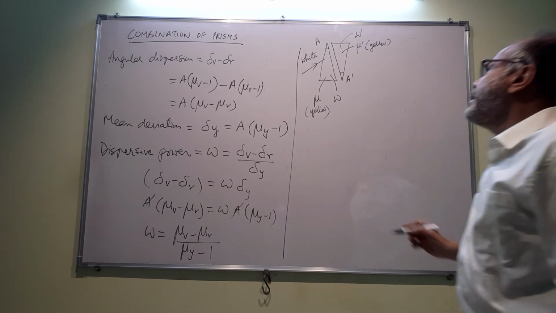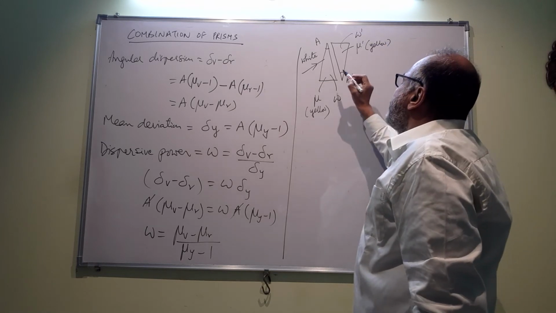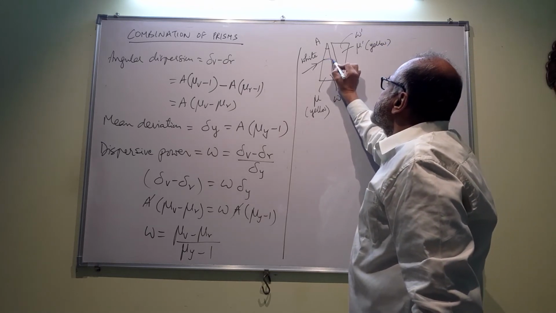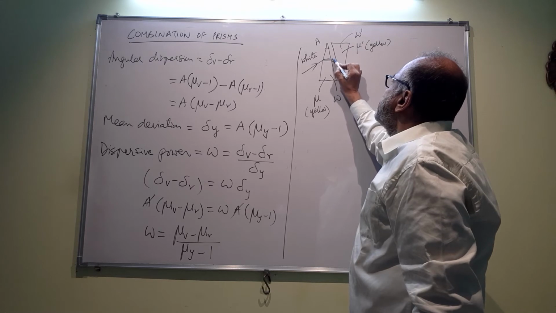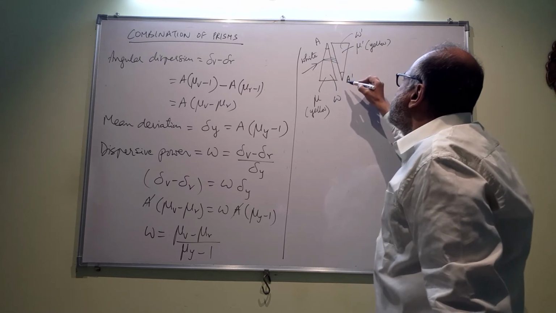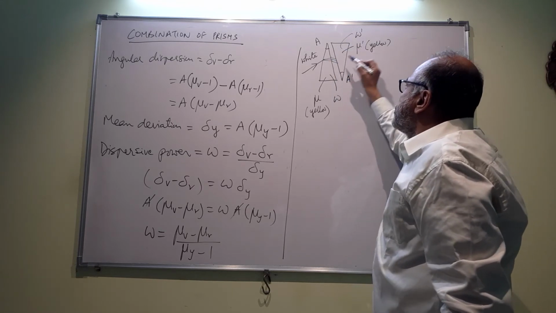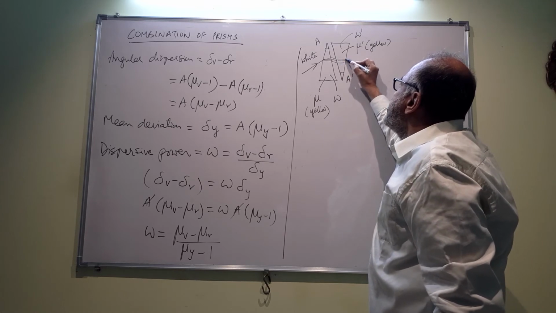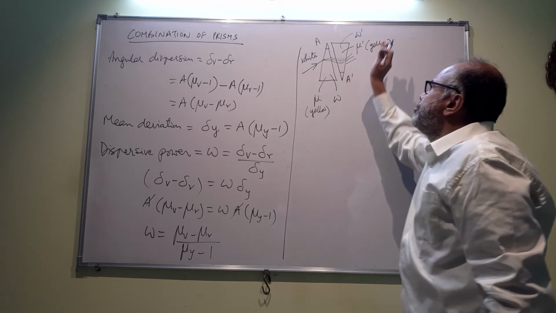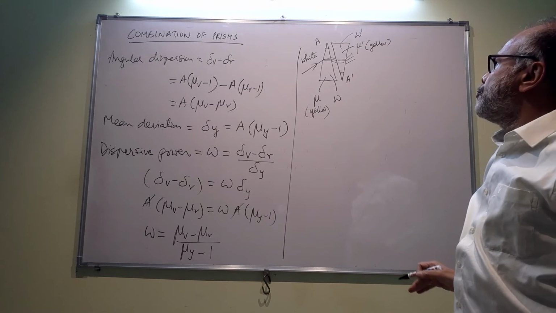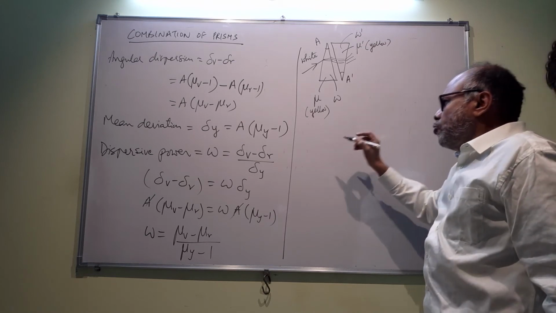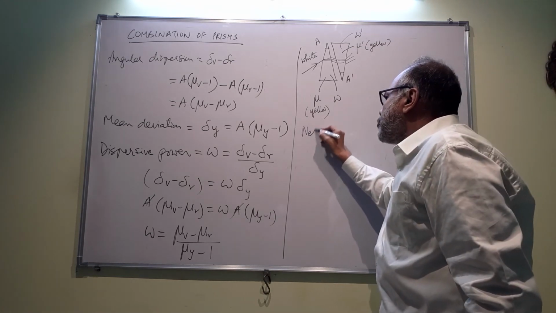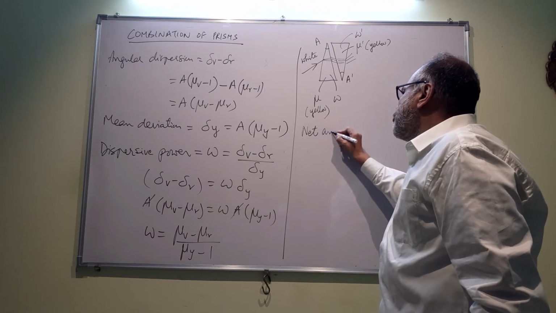So when you have white light here, what is going to happen is it will disperse. That dispersed light is going to fall on the other prism, but because it is inverted, the deviation is going to be in the opposite direction. So let us see what is the net angular dispersion.